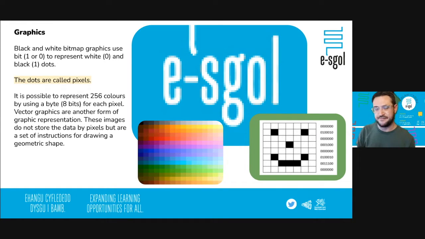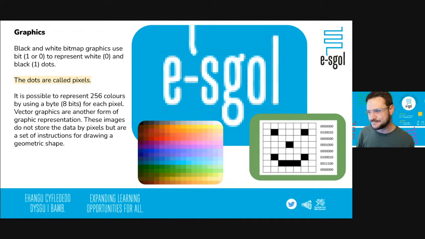So if you look at the smiley face on the right-hand side in the green box there, you can see that this shows us how an image can be stored at the simplest level. Somebody has drawn a picture of a smiley face. So we've got 2 eyes, a nose, and a smiley mouth there. Okay? Now, this image only uses 2 colors. I can imagine that it was maybe a white piece of paper and somebody used a black pen. So each pixel is either going to be white or black.